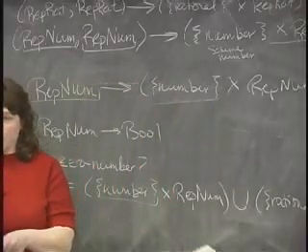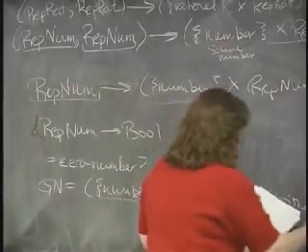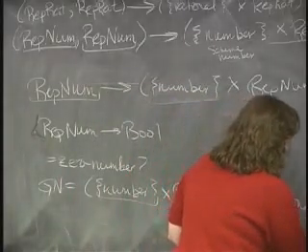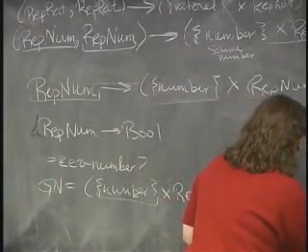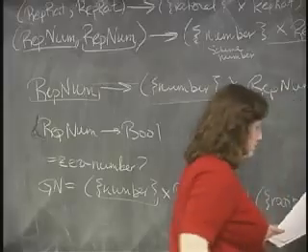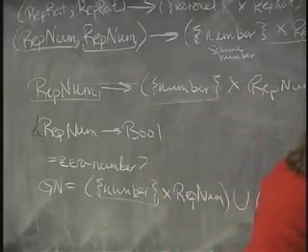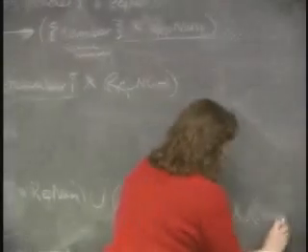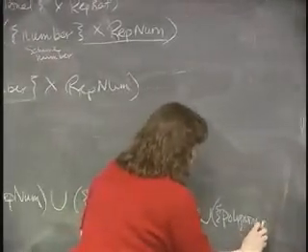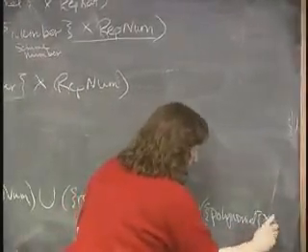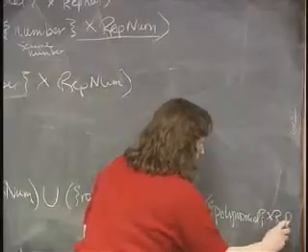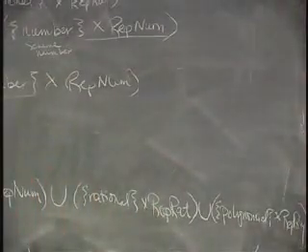Remember, make rat cons's the two pieces of a rational together, crossed with the representation for a rational, in this case our tag rational, union with some representation for a polynomial in our system, crossed with rep poly, or the tag for our polynomials.